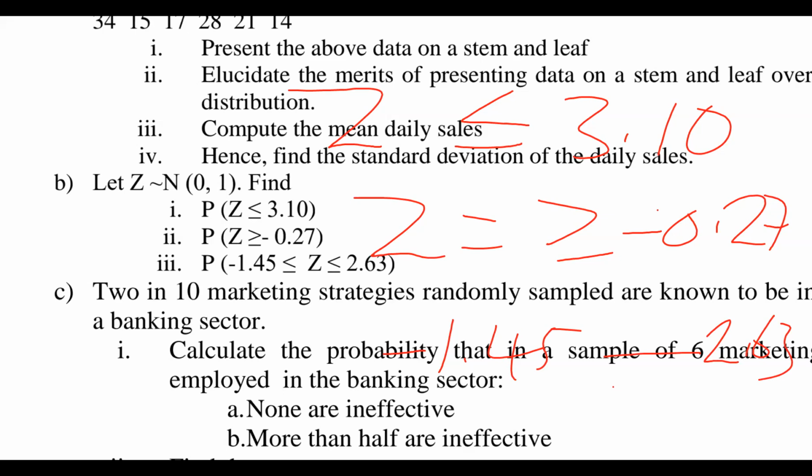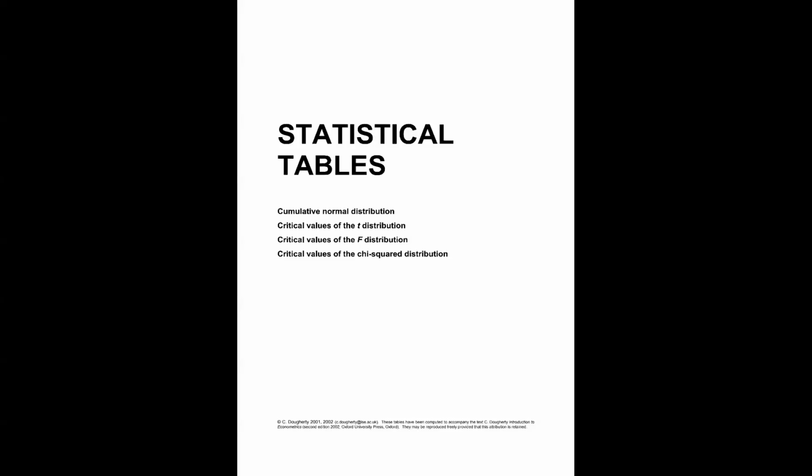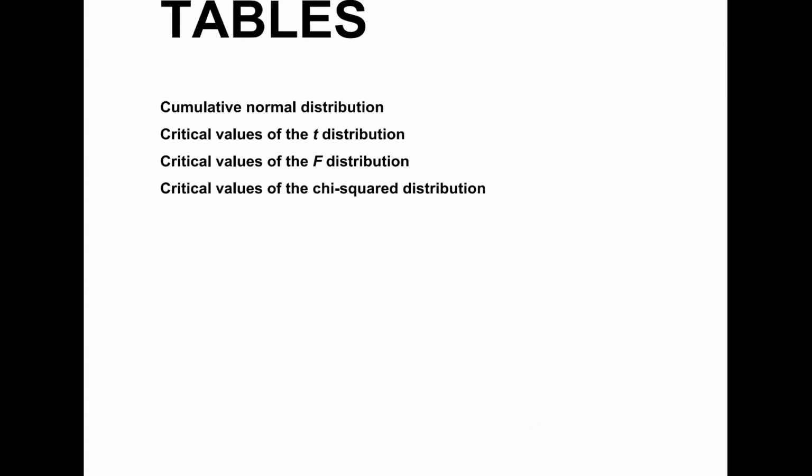So we're looking for the area that is less than this. Going to the table, we've got the standard normal distribution table. We can still use the full one.